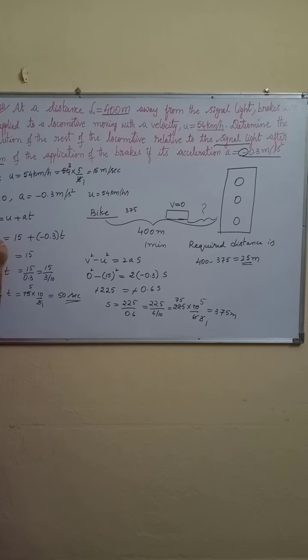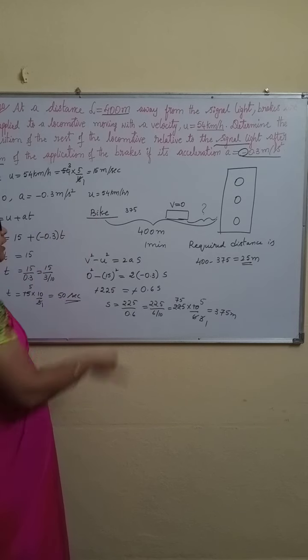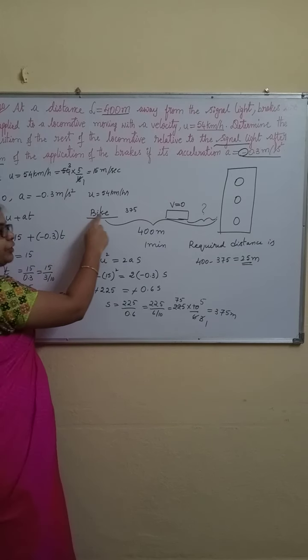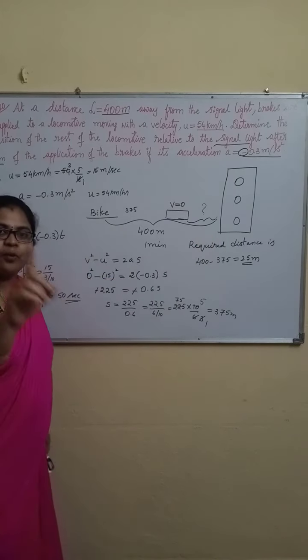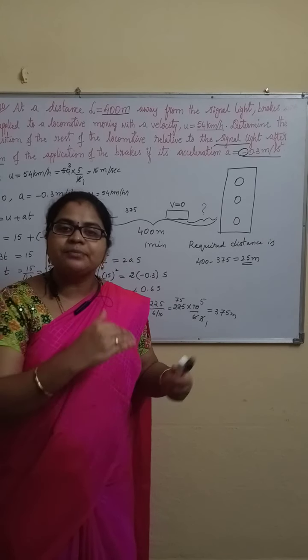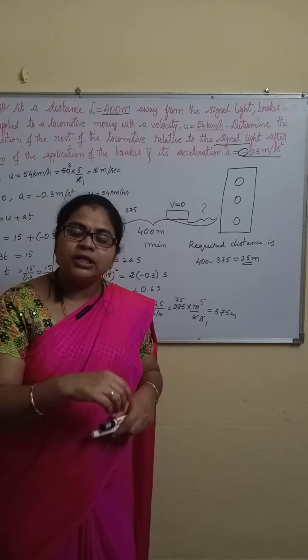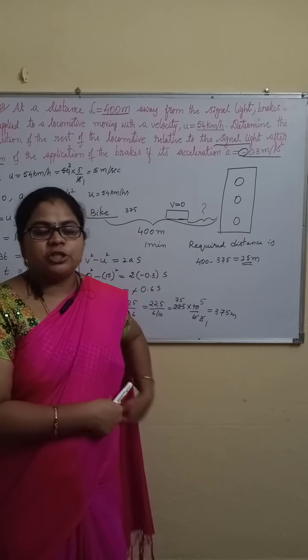Substitute in the equation v is equal to u plus at. Now you will get t value, that is 50 seconds. What he has given is that the locomotive requires 1 minute to reach the traffic signal, but within 50 seconds only it comes to rest position.